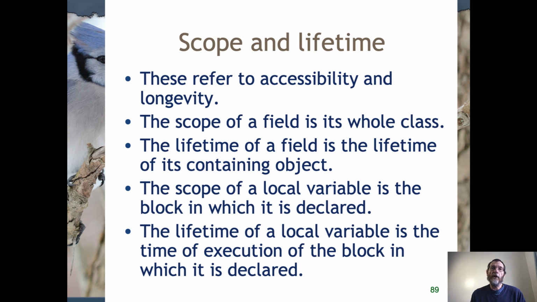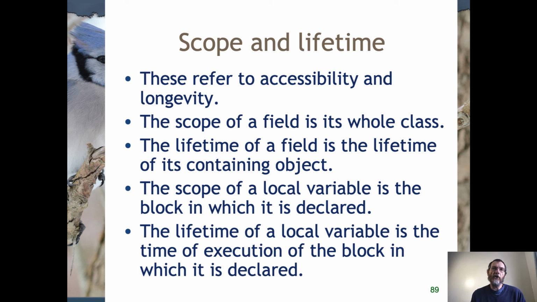In other words, which part of the class definition can read and or write a particular variable, be it a field, a parameter, or a local variable, and how long does a particular sort of variable exist in the lifetime of an object.